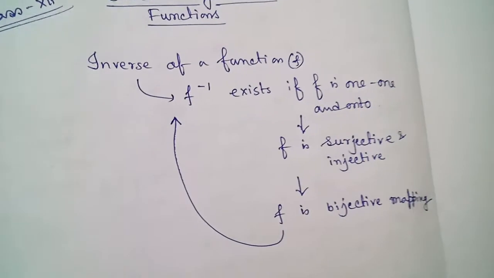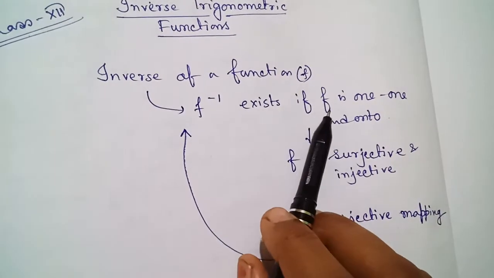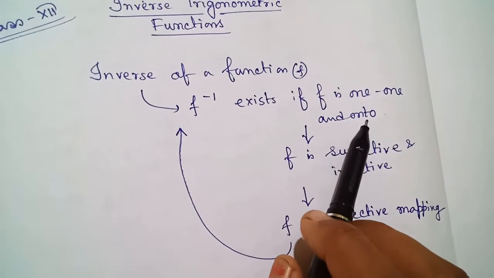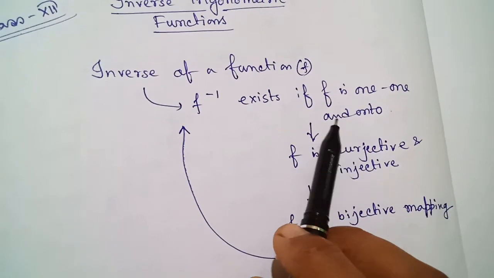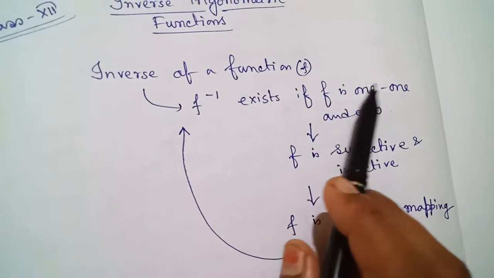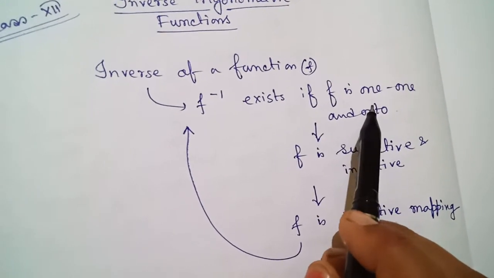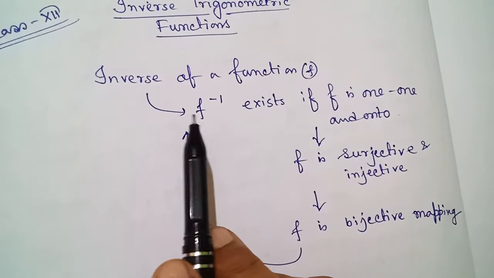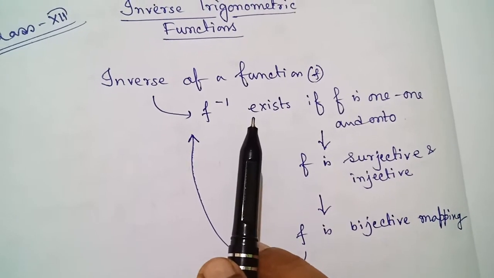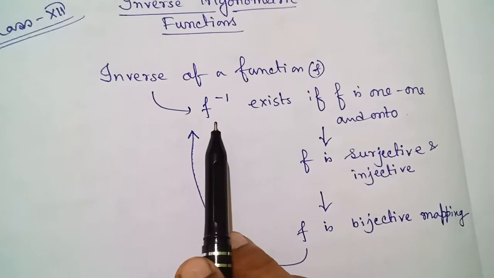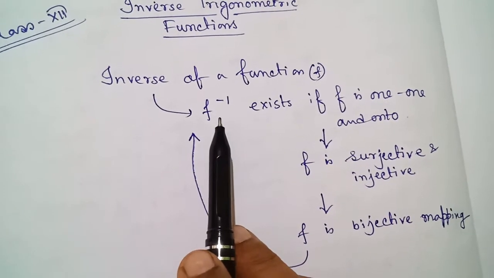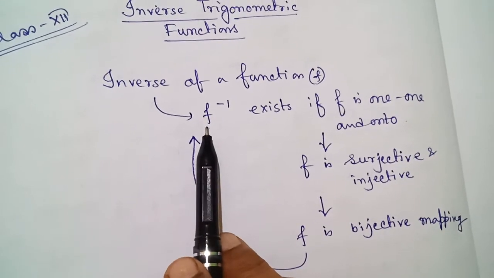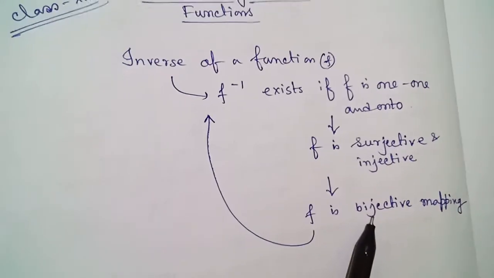That means if f is either not one-one, or not onto, or not both, then f inverse will not exist. So for the existence of f inverse, you need a function which is bijective.